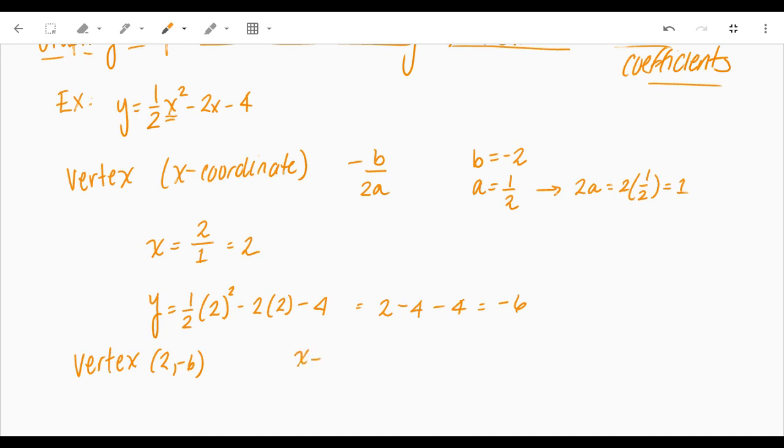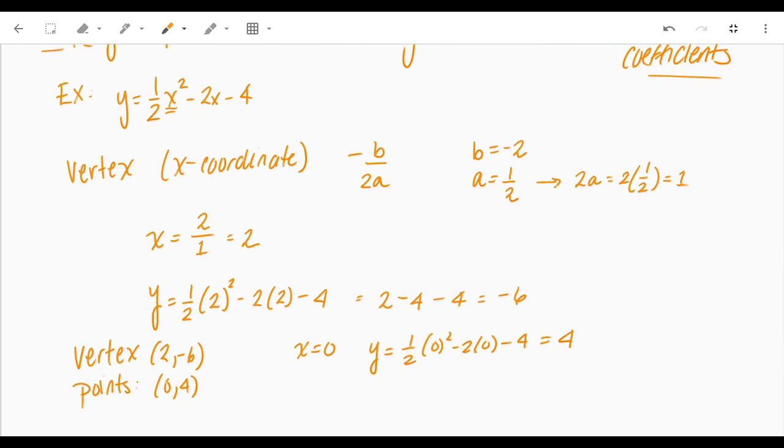If x equals 0, y equals, and that's going to be an easy one, 1/2 times 0 squared minus 2 times 0 minus 4, which is -4. So we have another point at 0, -4.